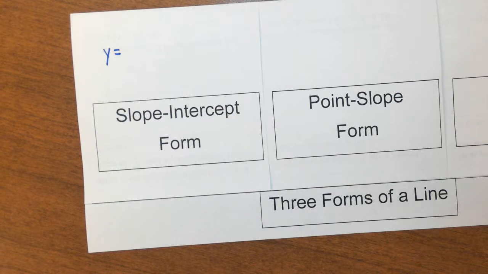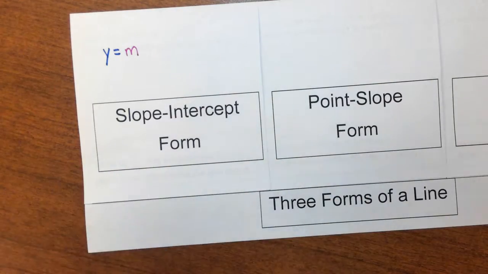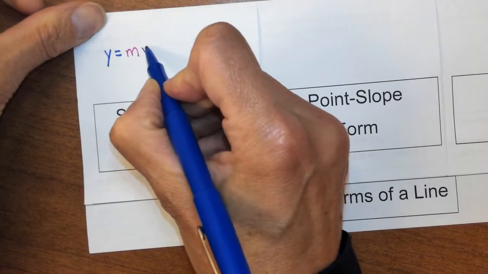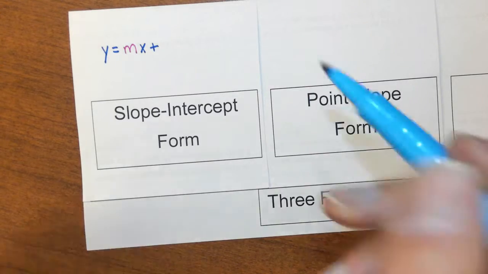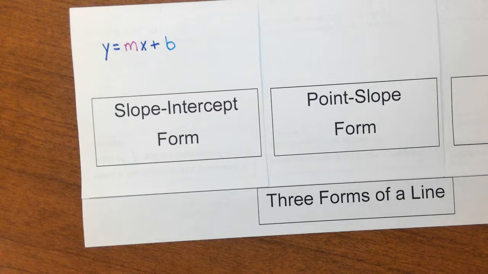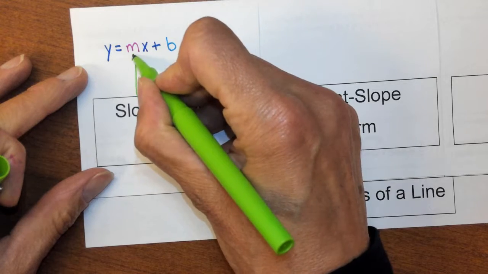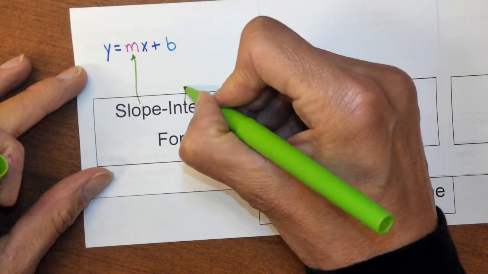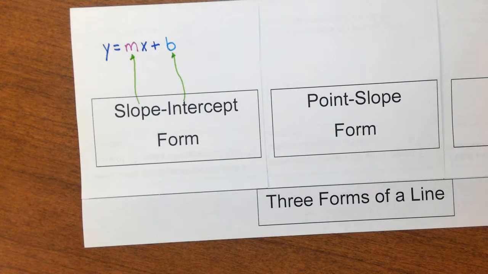We're going to use the letter m for slope, so think of mountain, mx plus b. And b is our y-intercept. Okay, specifically, it's our y-intercept. So slope and intercept. The name tells us exactly what it is that we're looking for.